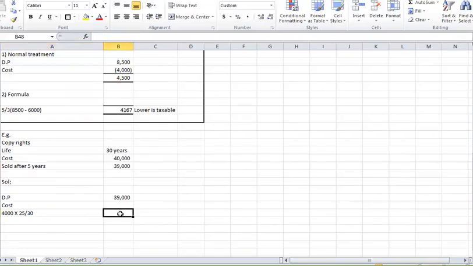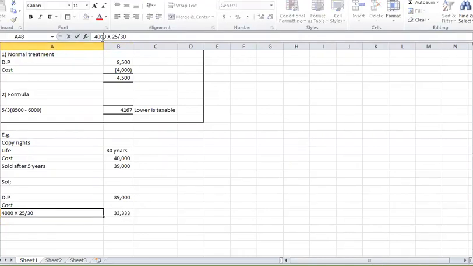So it equals 40,000 multiplied by 25 divided by 30. Now you have the answer.